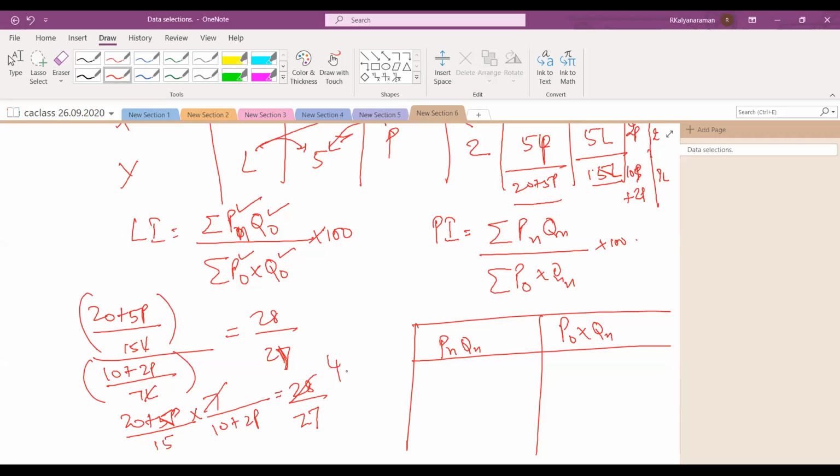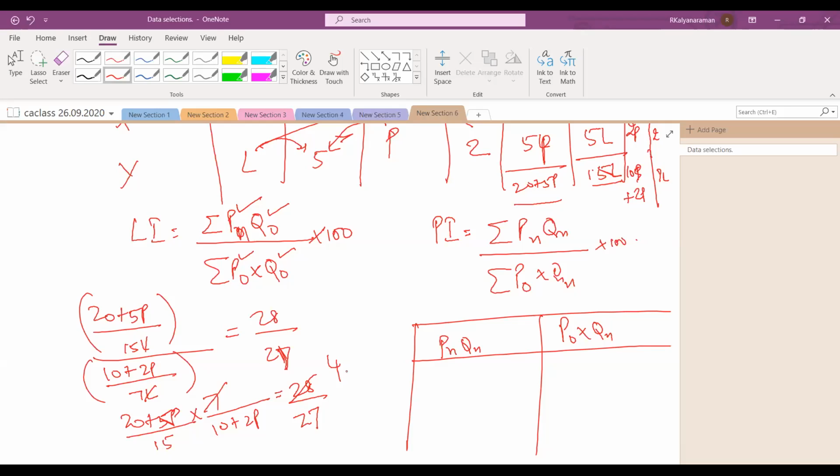They will ask you a lot of theoretical questions. The factor reversal test is satisfied by what kind of index numbers?